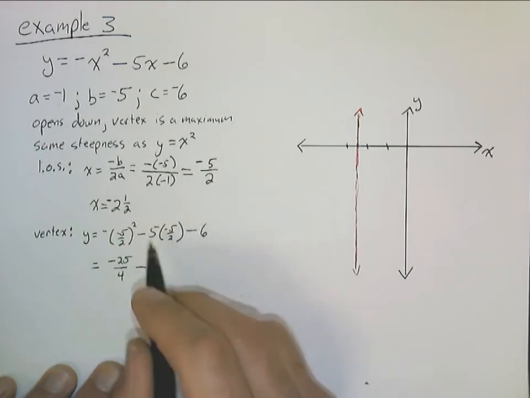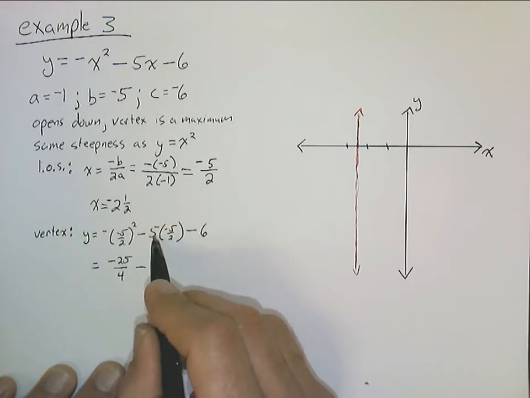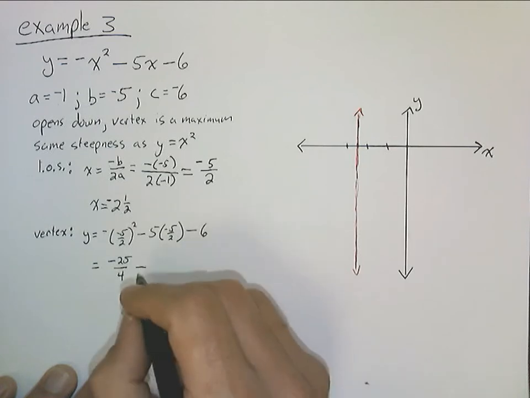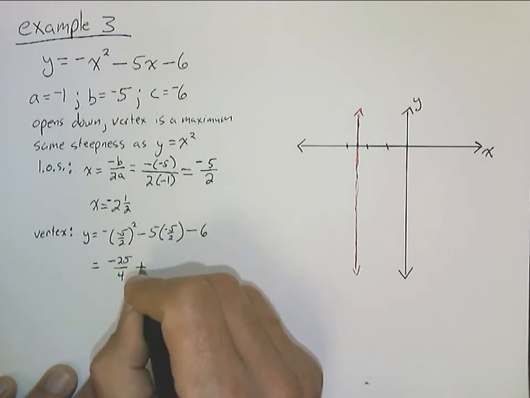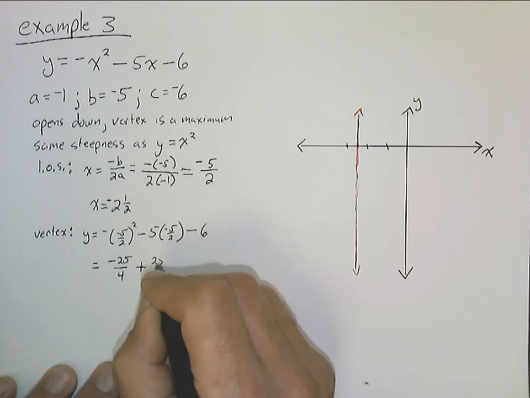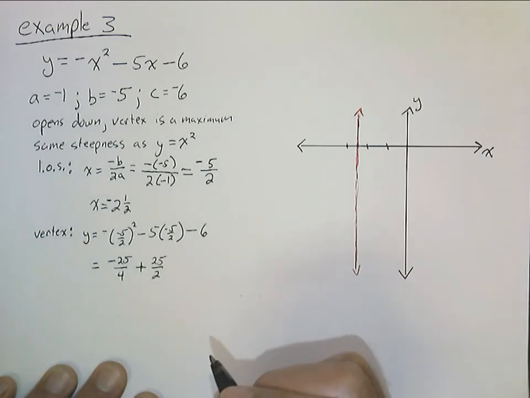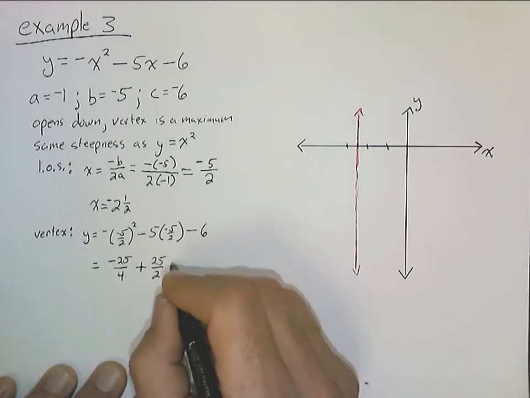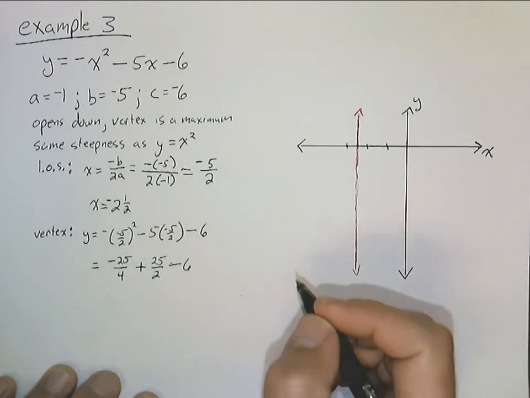Minus 5 times negative 5 halves would be negative 25 halves, but we're subtracting that, so that would be plus 25 halves. And then still subtracting 6.